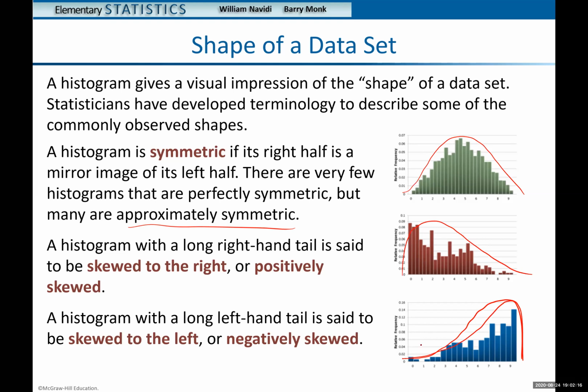And this is what you call skewed to the left or negatively skewed. So if I were you, copy this, and make sure that you know all the 3 different shapes of a data set. Again, approximately symmetric or just symmetric, then skewed to the right and skewed to the left.